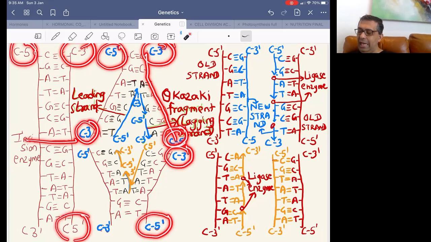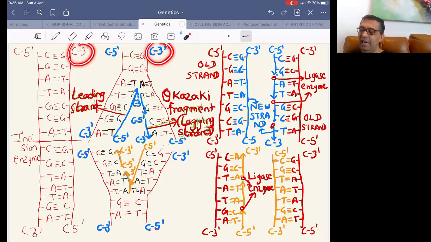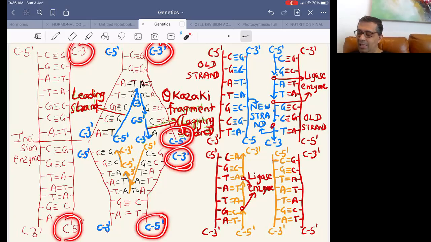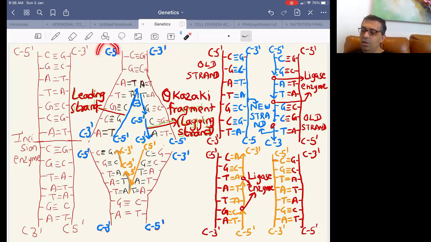This was C3, so this will become new C5. So after incision, C3, C3, new C5. C5, C5, new C3.